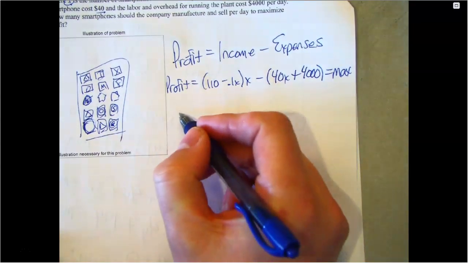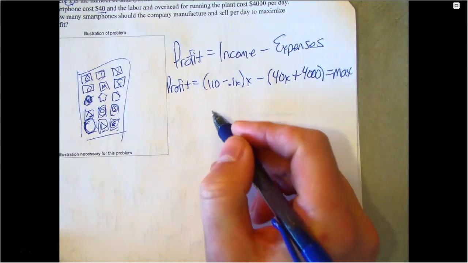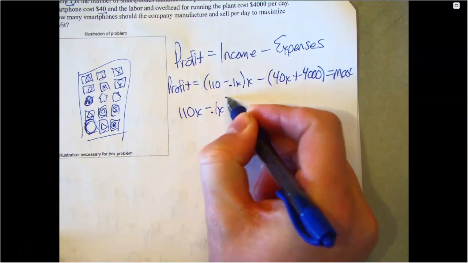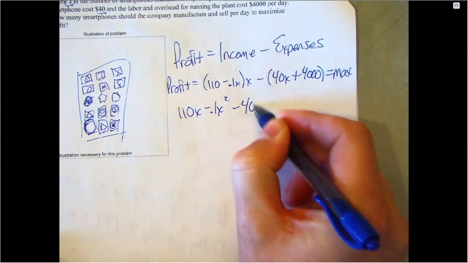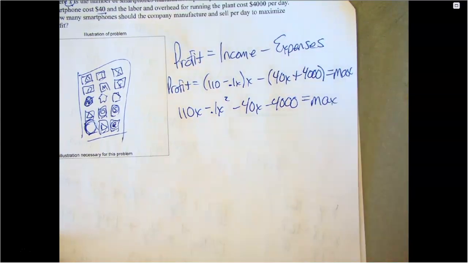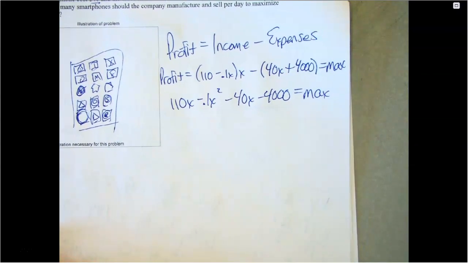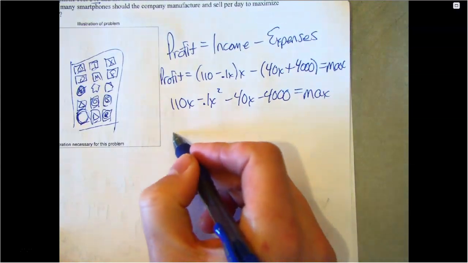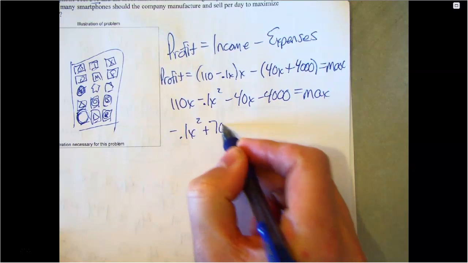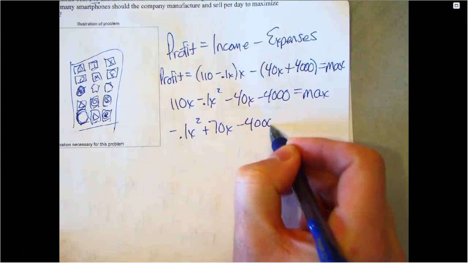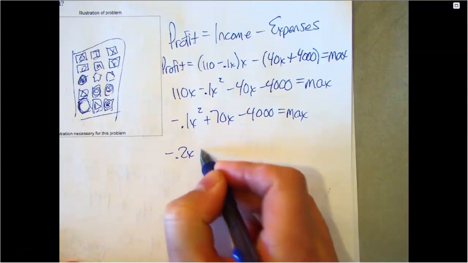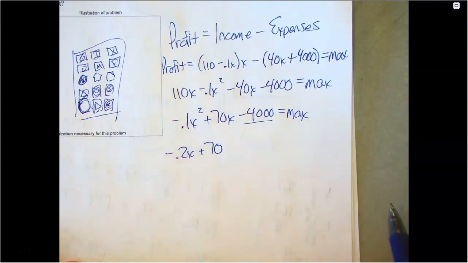Okay. Basically, I would distribute first, and then distribute the negative side through, and that still equals max, right? I didn't take the derivative yet. Then if I combine the like terms, I'll get this. That still equals max, and then take the derivative. So negative 0.2x plus 70, and then this goes away.